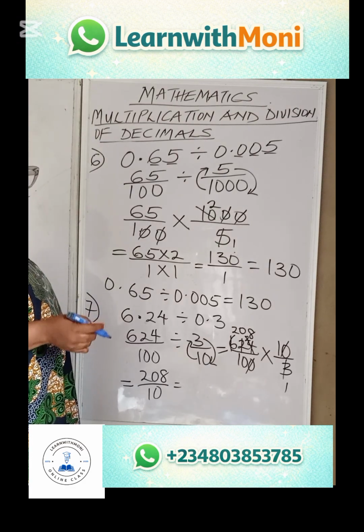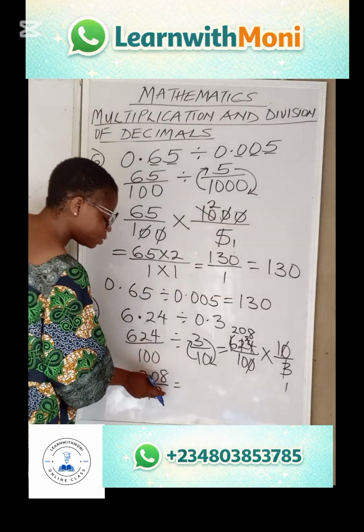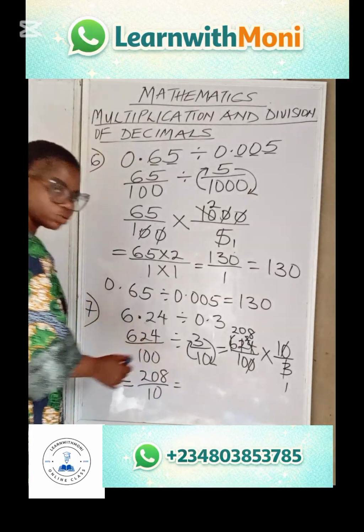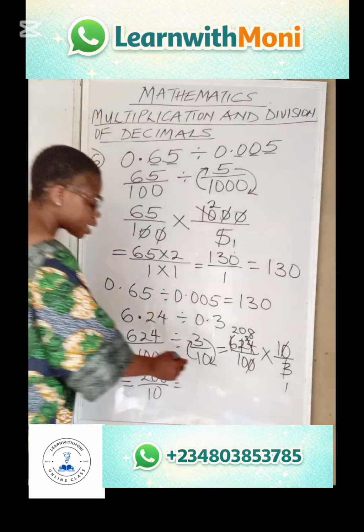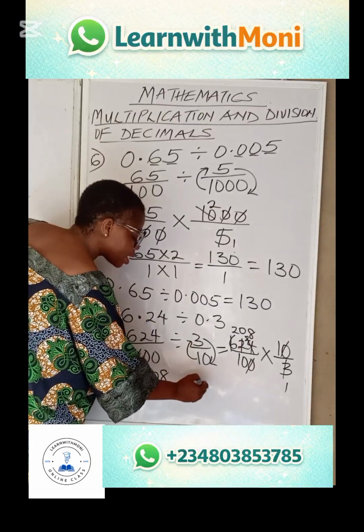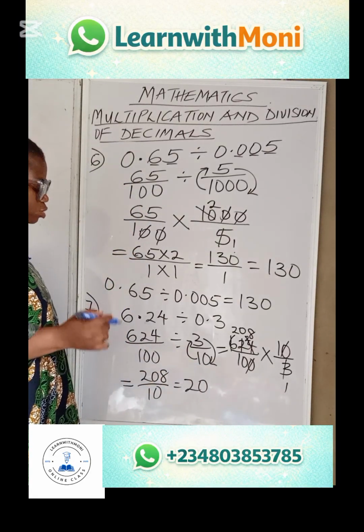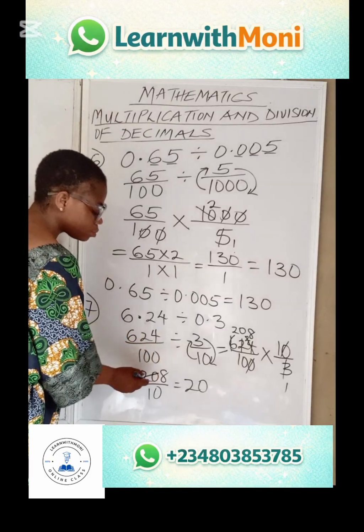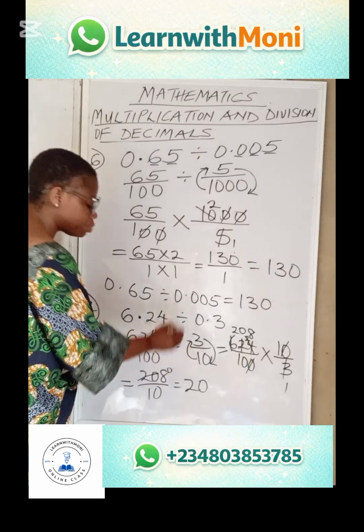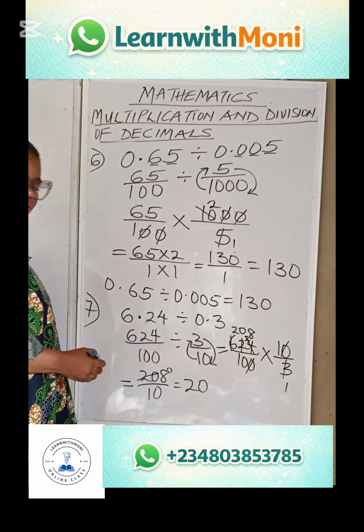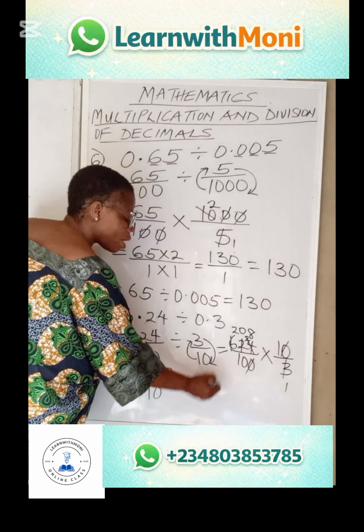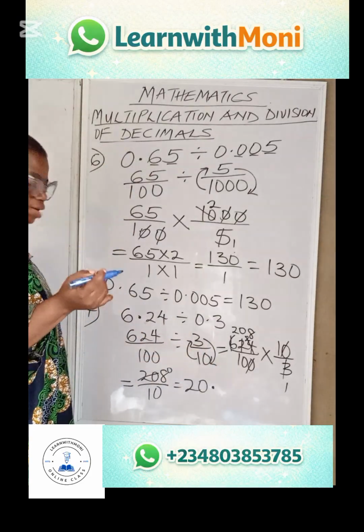But let's divide outrightly. How many 10 can we get in 208? We can get 2. We can get 20 in 208. And it will remain 8. Put an invisible 0 behind that 8. You remember? You have a decimal point after that.